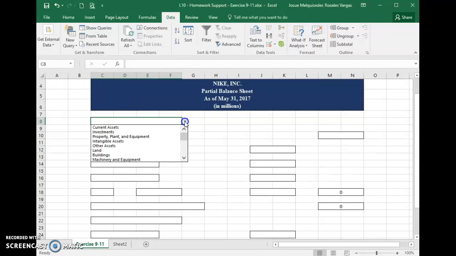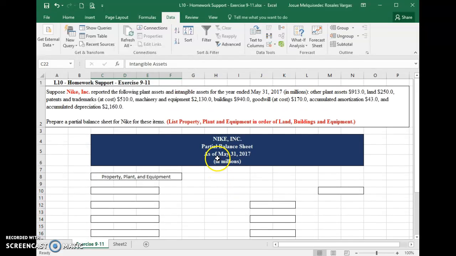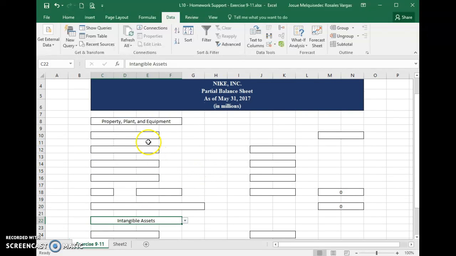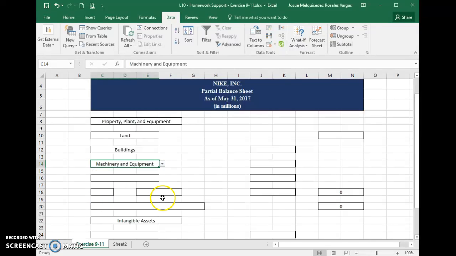We have the first part, property, plant, and equipment, and then the intangible assets. Then I look for the order we are required to follow: first land, then buildings, then machinery and equipment, and of course other assets.